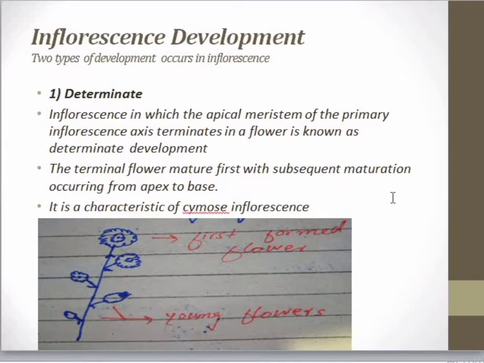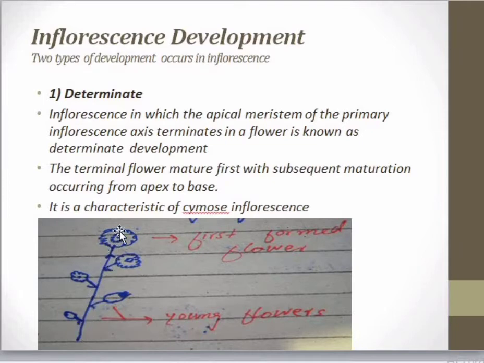Now, inflorescence development. How does inflorescence develop? There are two types of development that occur in inflorescence. The very first one is determinate inflorescence, in which the apical meristem of the primary inflorescence axis terminates in a flower, and is known as determinate development or determinate inflorescence.